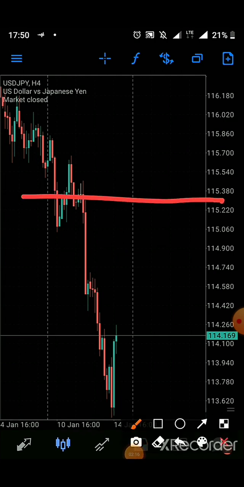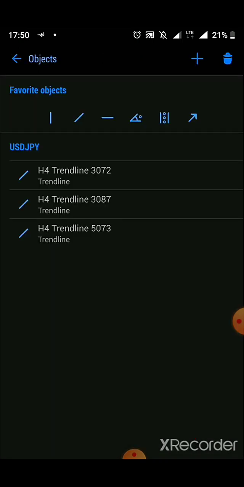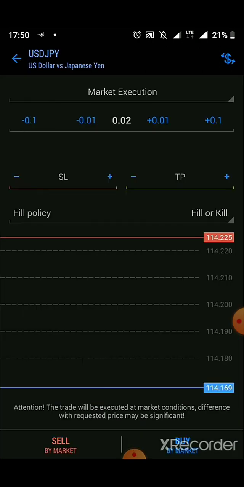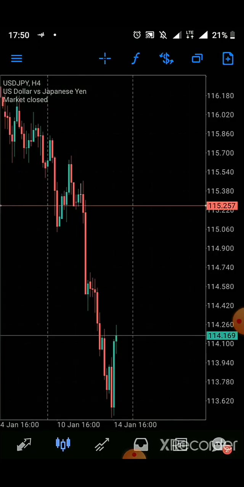You're expecting resistance at this point, so you want to sell at this level. So what you simply do is go back to your rectangular tool, pick the exact price you want, hold it down, then copy the price, go to your sell limit, paste it, then set your stop loss and take profit. It's as simple as that.